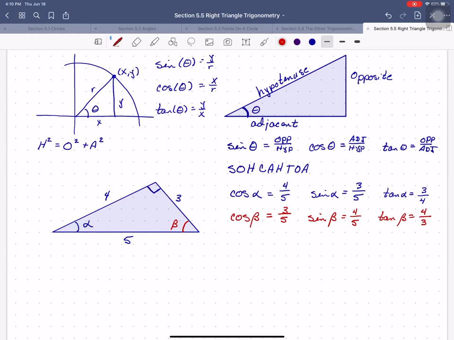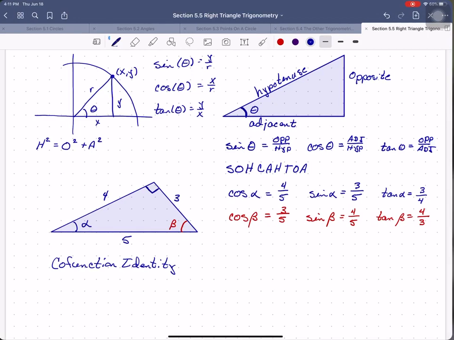And I want you to notice something. I want you to notice that there is an equality between the sine of one of these angles and the cosine of the other. And that is true in both of these cases. And in fact, that is always true. This is called the cofunction identity. And I'm going to write this out a couple of ways.